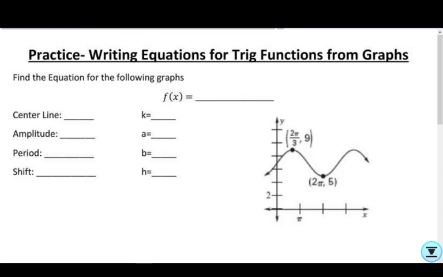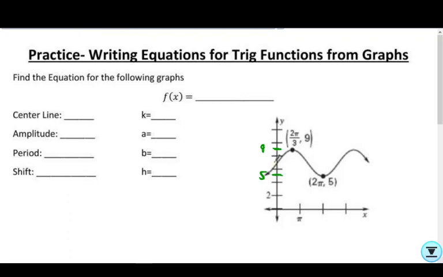Okay, so let's start with the easiest, our maximum here, and our minimum is right here. So maximum is at 9, our minimum is at 5, which means this distance is 4. That will tell me my amplitude because it'll also tell me where my center line is.